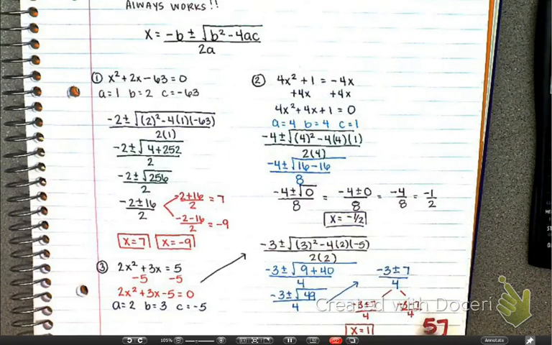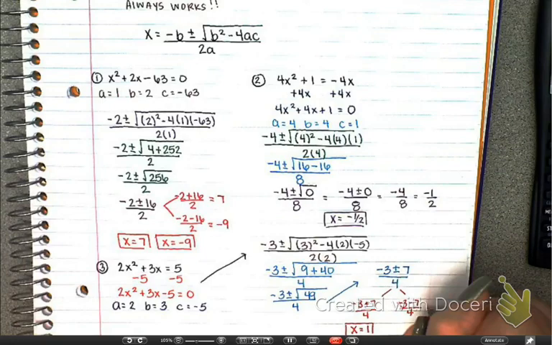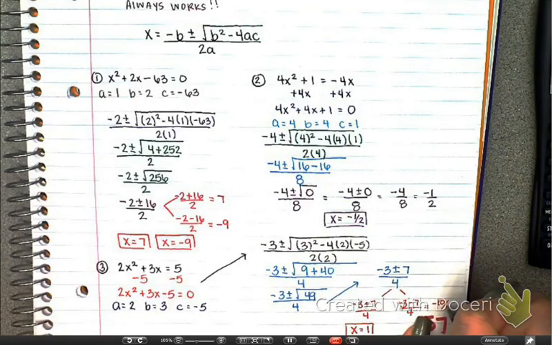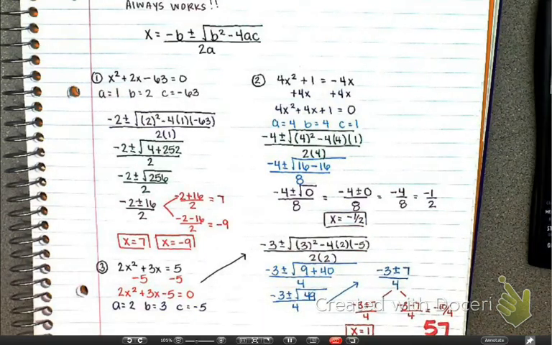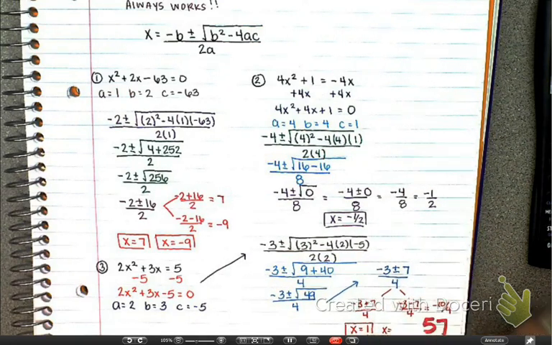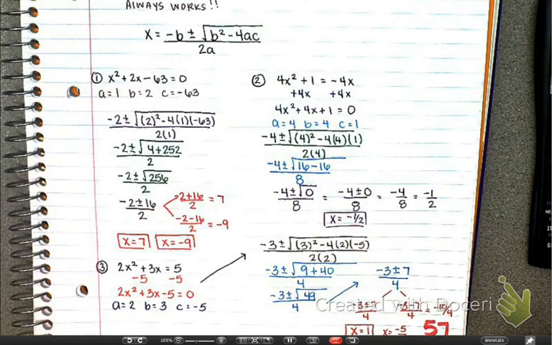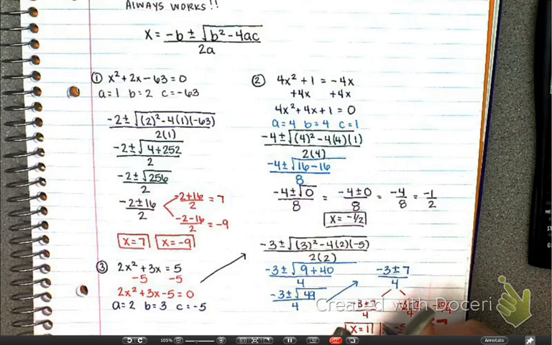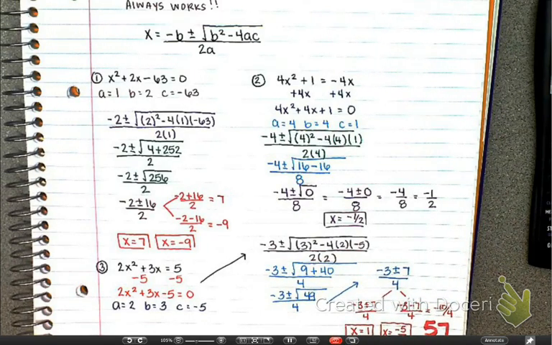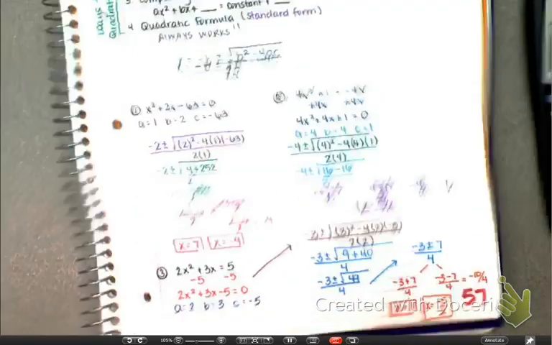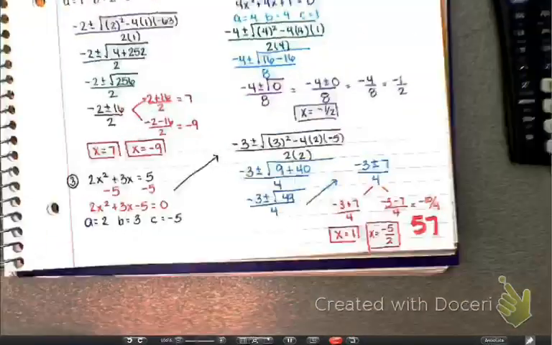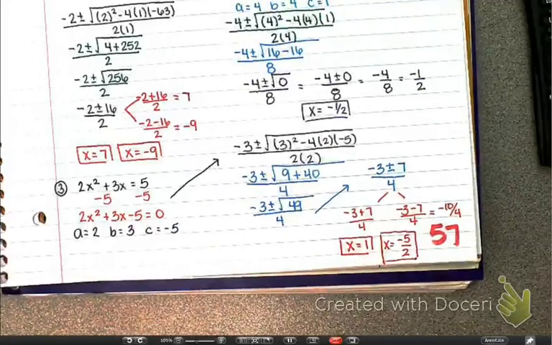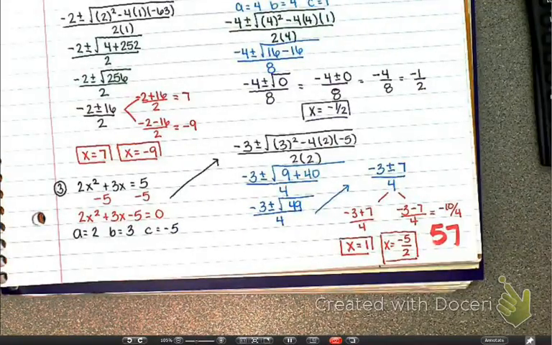Negative 3 minus 7 is a negative 10. Okay, negative 10 over 4 isn't going to give me a whole number, but I can reduce that fraction by 2. And I end up with negative 5 halves. Oops, let me move this so you can see a little bit better. There we go. Okay, so negative 5 halves.